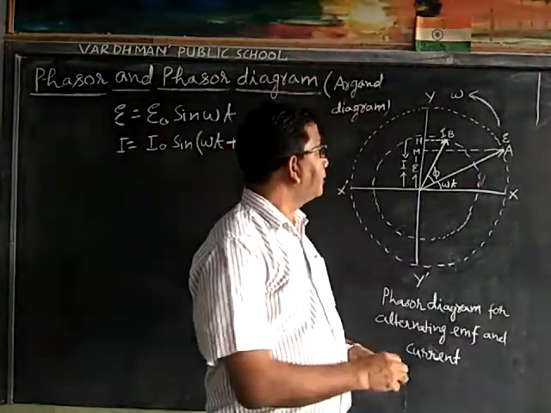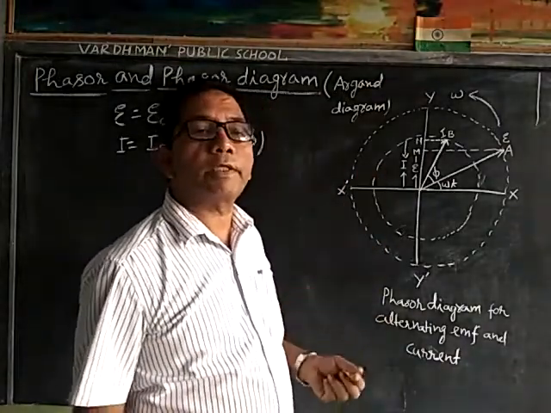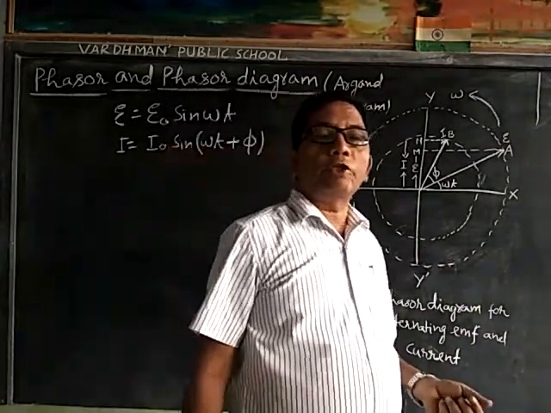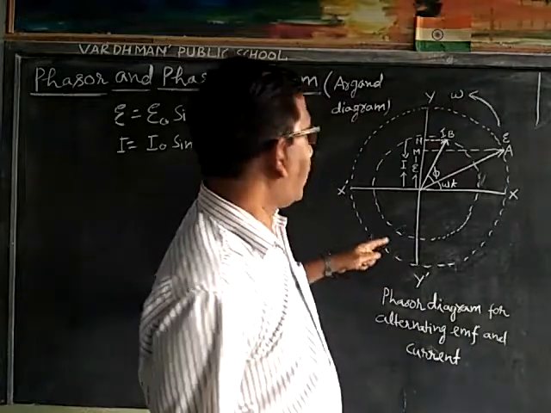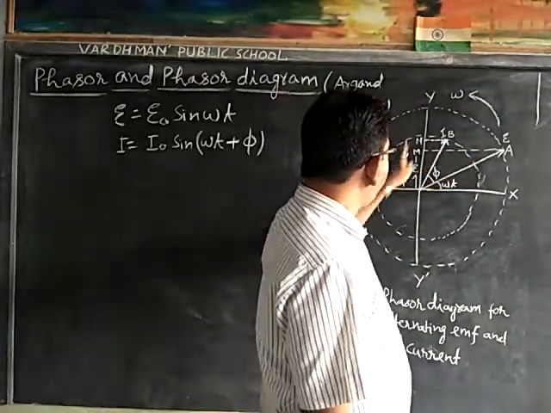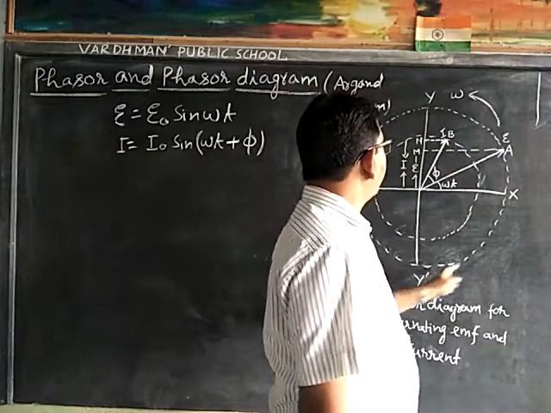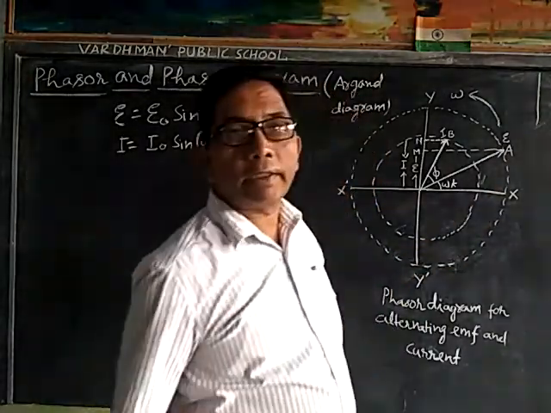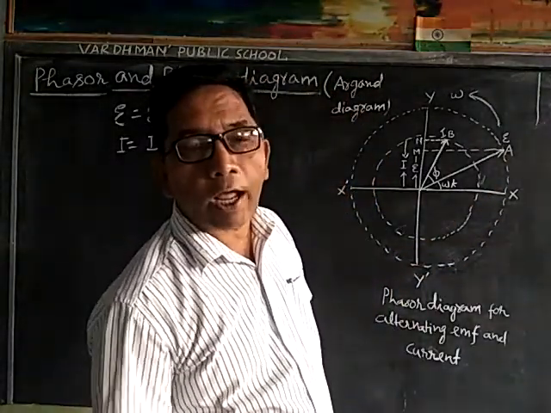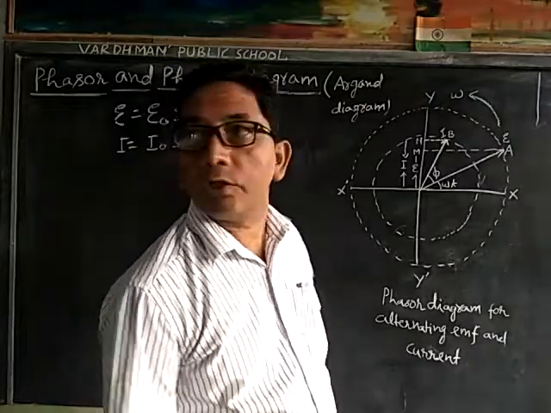To represent this quantity as a phasor, we draw circles of radius E0 and I0.